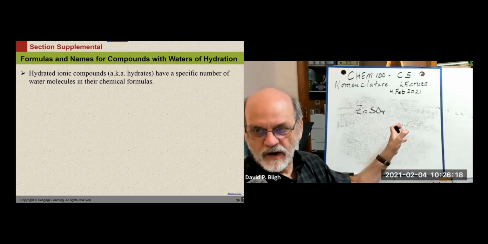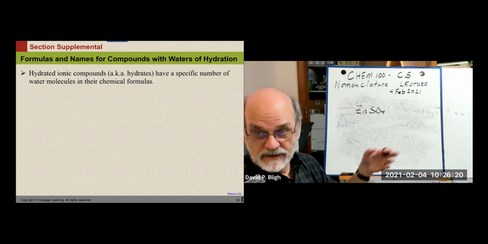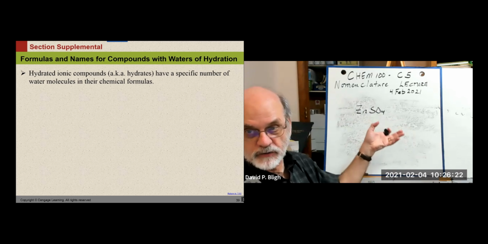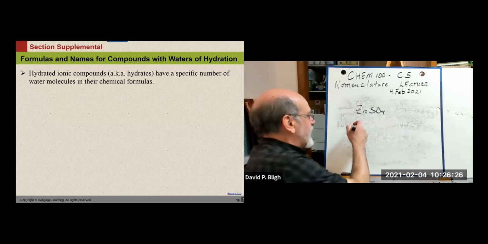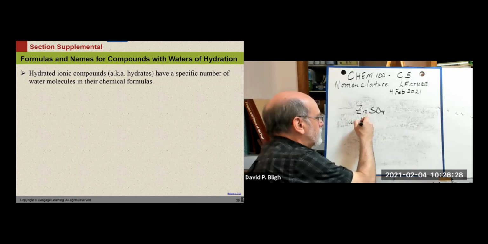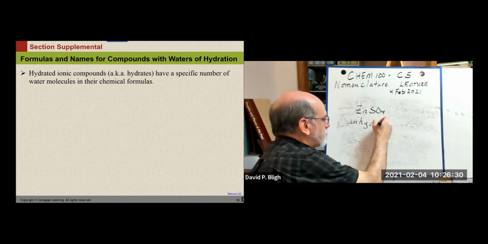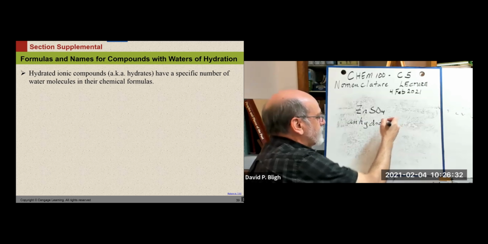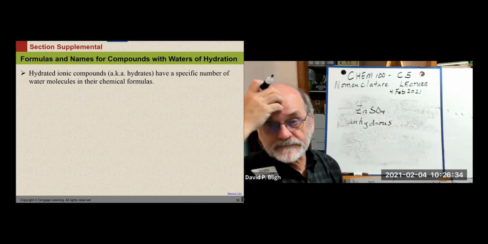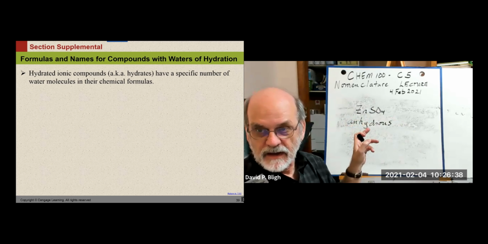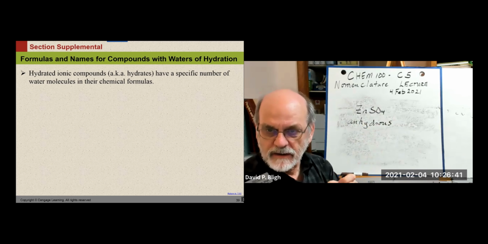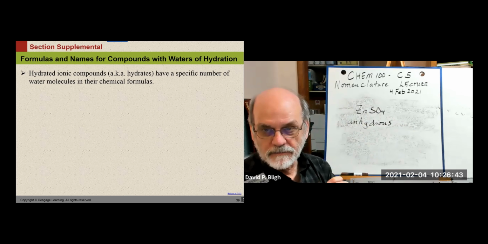There's no hydrogen involved. Of course, there's less oxygen because you've lost water. But this is called anhydrous, because there's no water. But water will attach itself to zinc sulfate, and it attaches usually in a definite ratio.